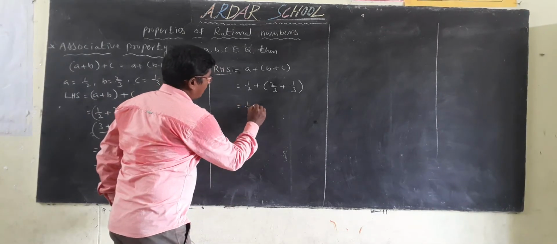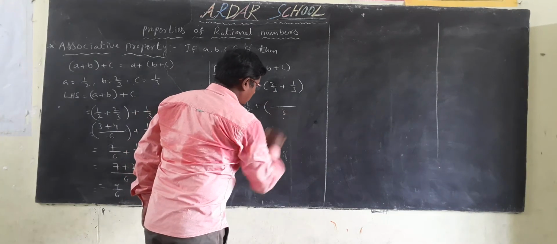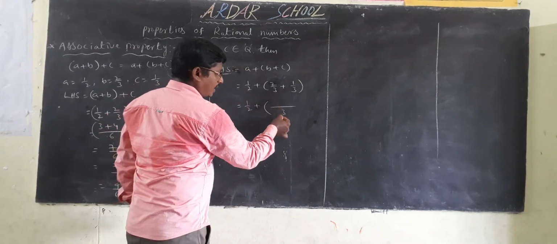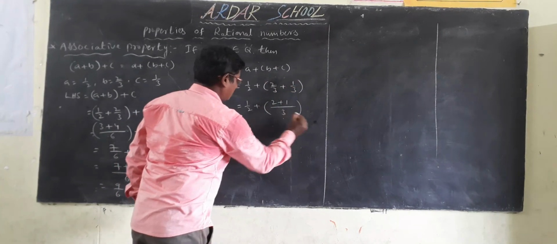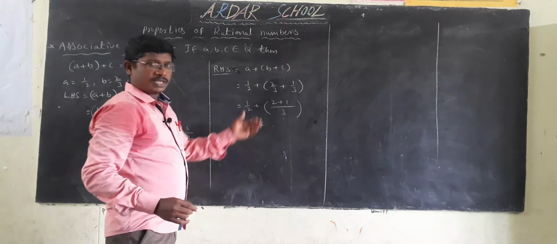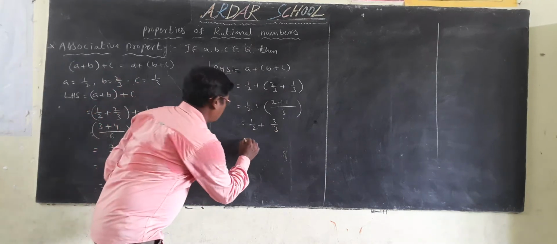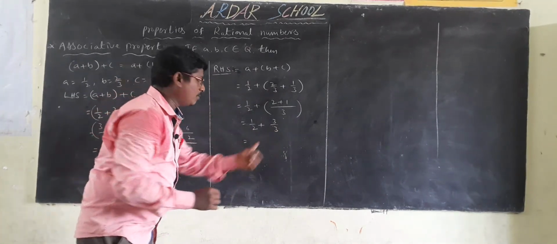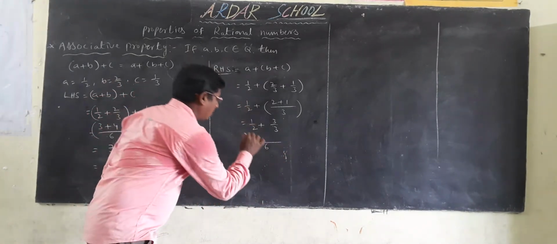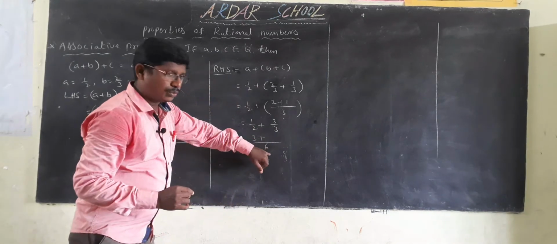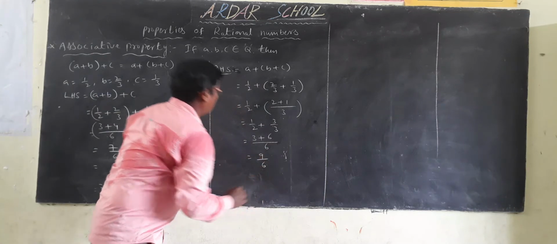So 1 by 2 plus, 3 is common, so the LCM is 3. 3 ones are 1 into 2, 2, plus 3 ones are 1 into 1, 1. That is equal to 1 by 2 plus 2 plus 1 is 3 by 3. Here again, the LCM of 2 and 3 is 6. 2 3s are 6, 3 1s are 3, plus 3 2s are 6. That is equal to 9 by 6.